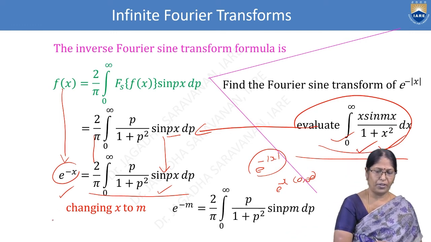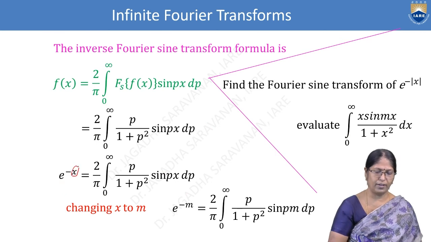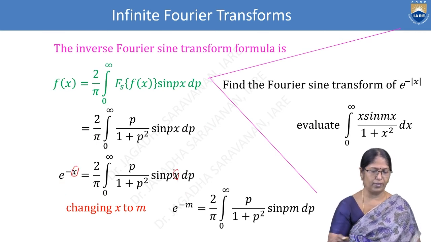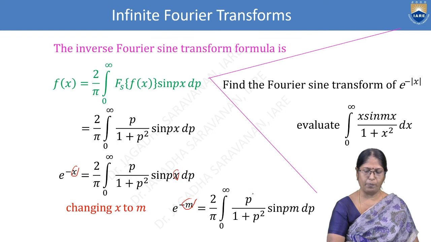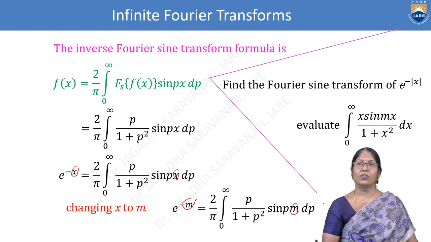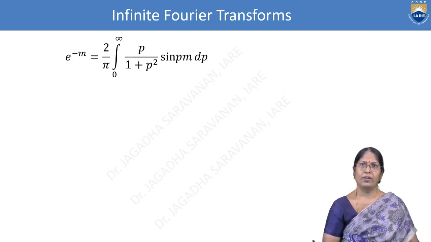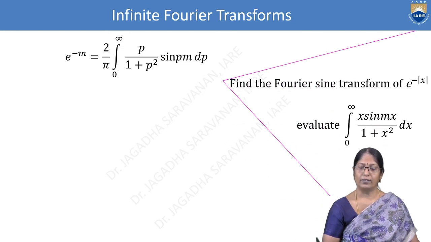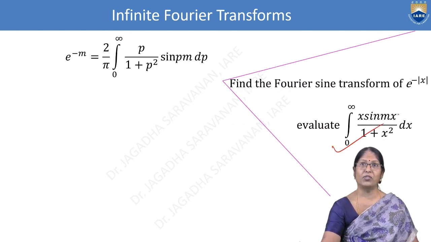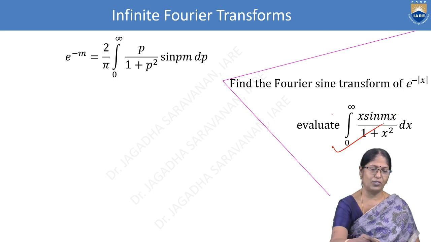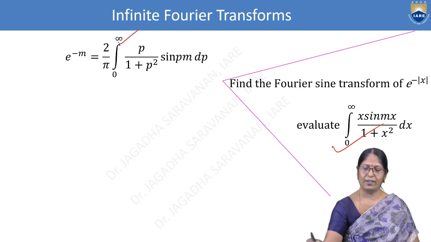So we put it here. Here x is there and here x is there. The particular places I am circling. Both on the left and right side x is changed into m. Yeah, we changed it, but we didn't reach the result at all. Integral 0 to infinity is there.